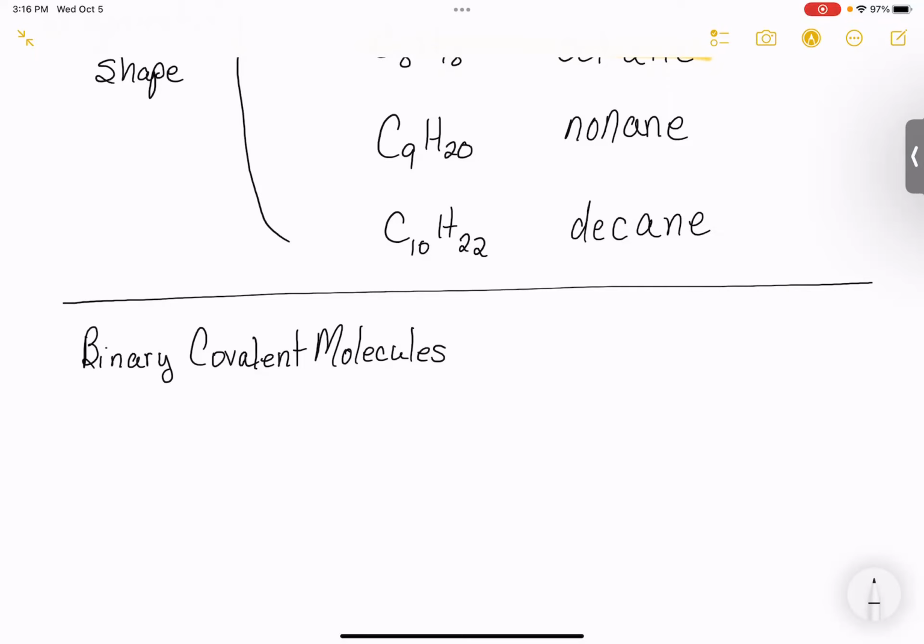Before I get into the binary covalent molecules, I want to ask you a couple of questions of things that were discussed on Monday. What type of bond is in a covalent molecule? A covalent bond. And how does a covalent bond form?